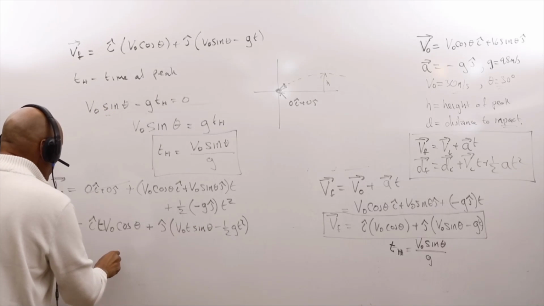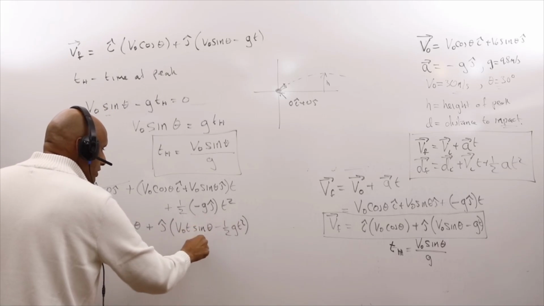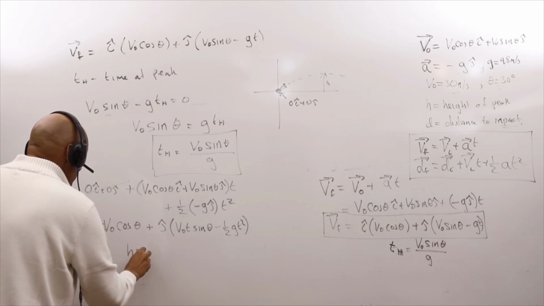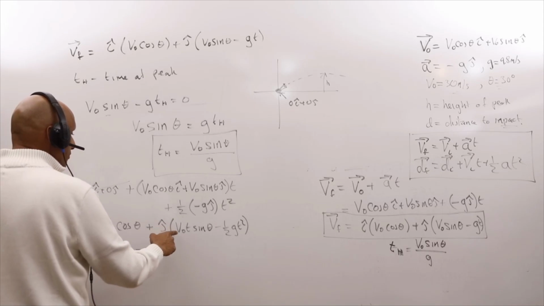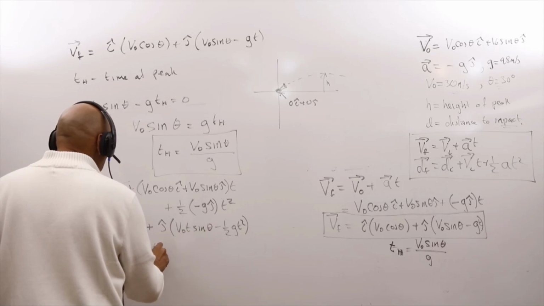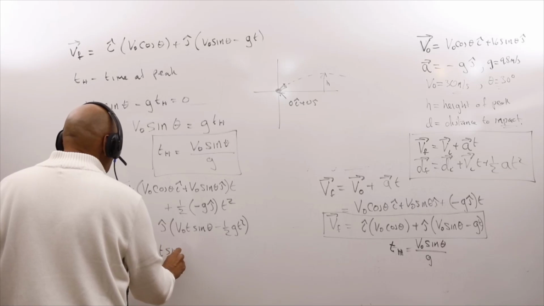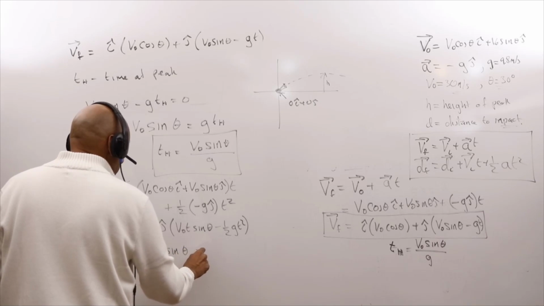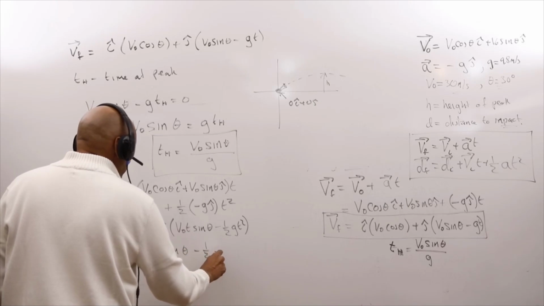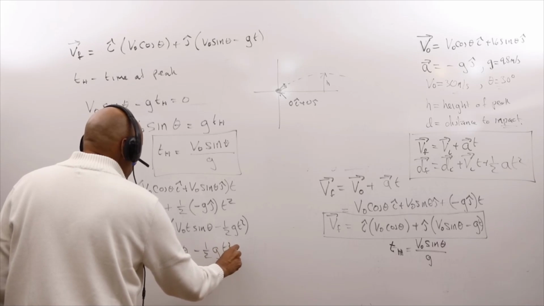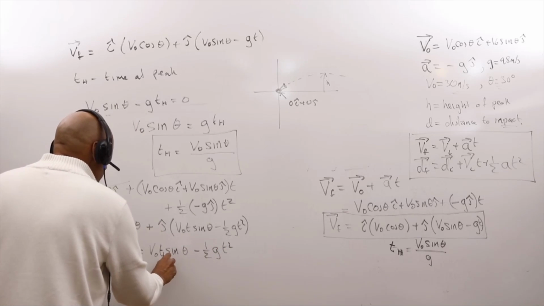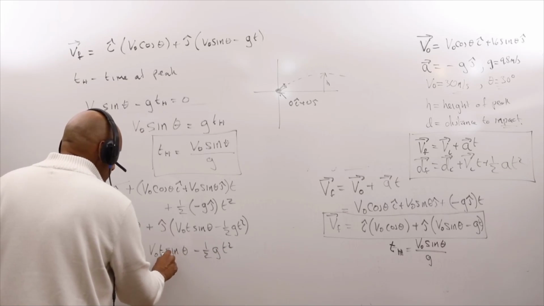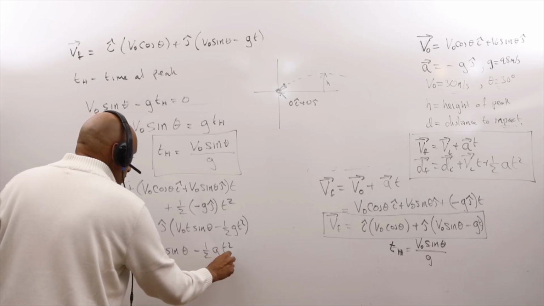So the height must be nothing more than this equation, which is V0t sine theta minus 1/2 g t squared, and this is at what? The height, at the time of the highest peak, so TH.